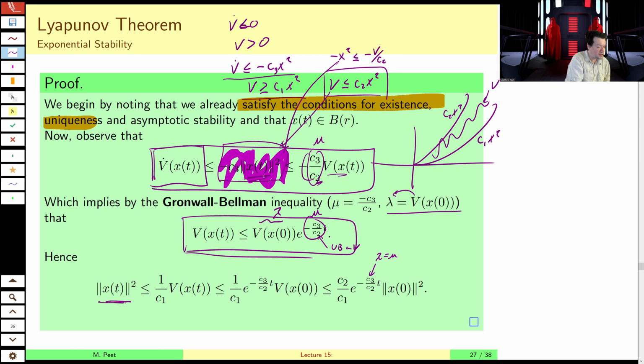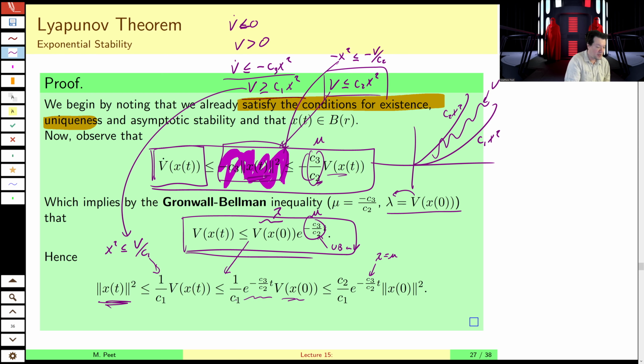So here's the lower bound condition, right? So this was this condition here. V is greater than C1 x squared, but we're going to invert that, to show that x squared is less than or equal to V over C1, which is this right here. And then, of course, we have this condition here implies that V is less than V naught e to the negative C3 over C2 t.